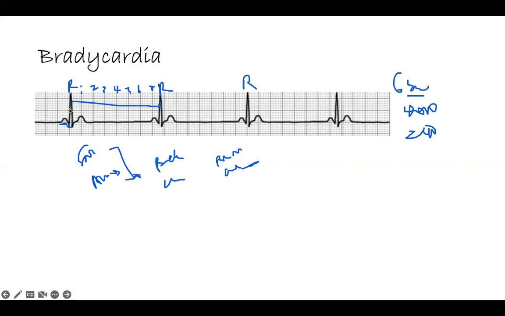So this rate is really, really low. So you have 300 divided by 8. And then that will give you your rate right there. So it's like 37.5.